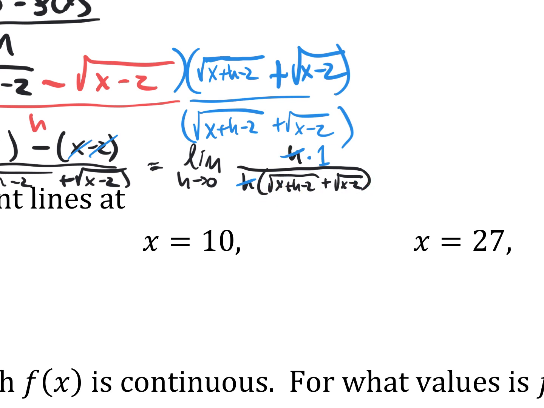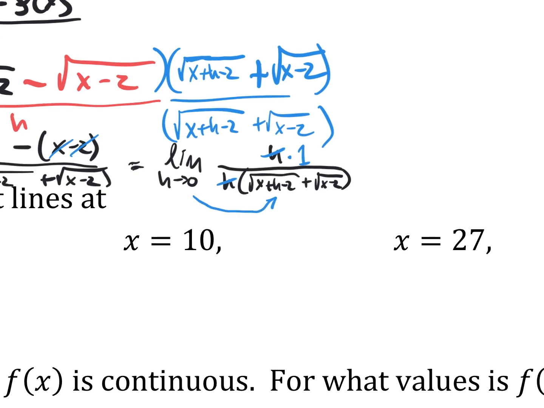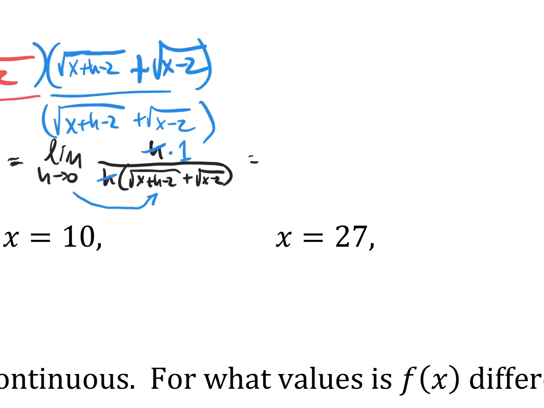So if we plug 0 in for h, we're going to get 1 over the square root of x minus 2 plus the square root of x minus 2. Wow. So that's something there.